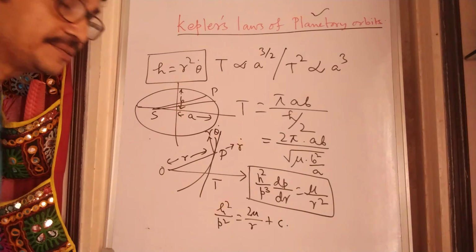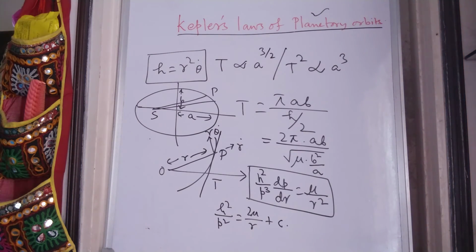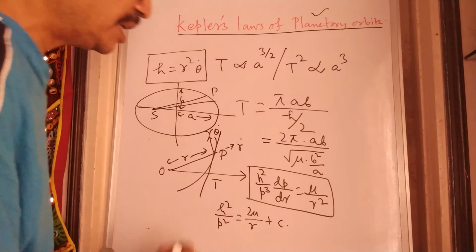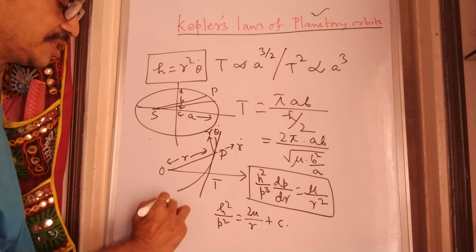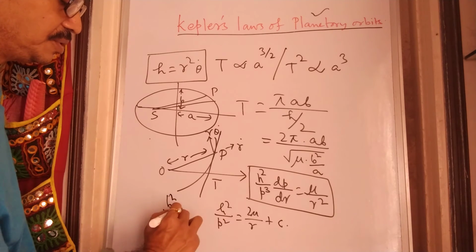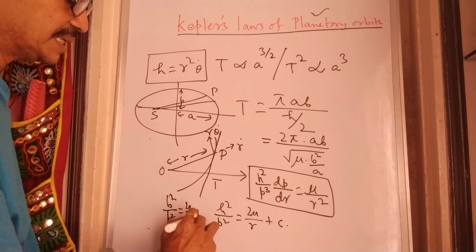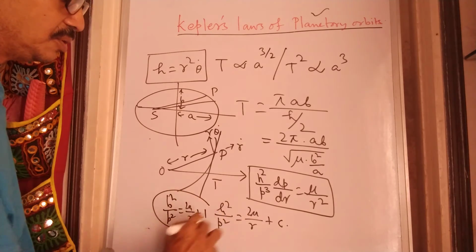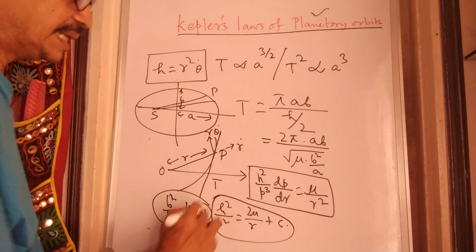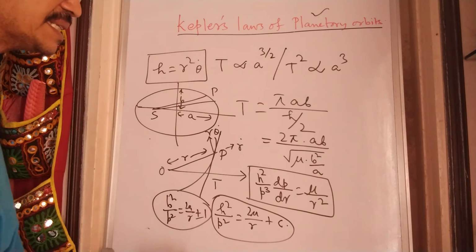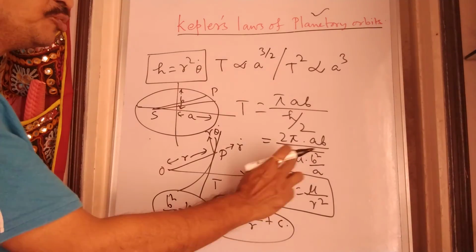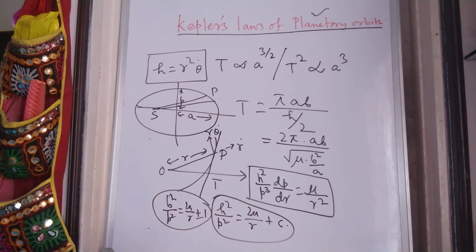So whenever we compare this with b square by p square equal to 2a by r plus minus 1, we can easily see that h square is nothing but mu b square by a.